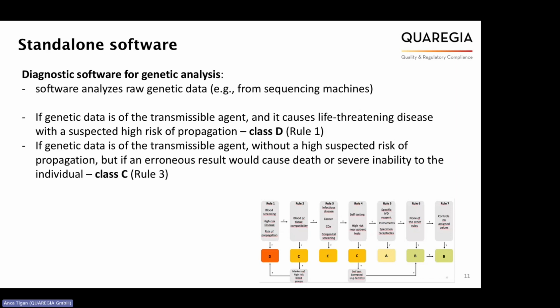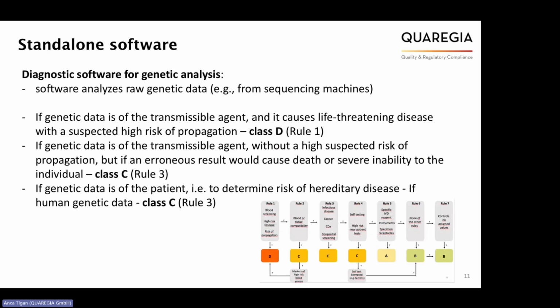If the genetic data would be of the transmissible agent, but it would not have a high suspected risk of propagation, but an erroneous result would cause death or severe inability to the individual, this software would classify under Class C, under Rule 3. And in the third scenario, if the genetic data were of the patient, for example, if the software were used to determine the risk of hereditary disease, this would fall under Rule 3 and would be classified as a Class C device.